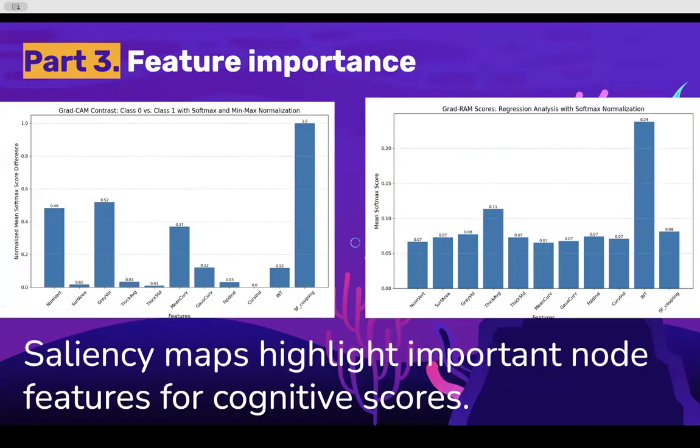And finally, they analyze the feature importance for classification and regression of cognitive scores. And they found that you can find more and less important features using SHAP maps, this kind of thing. And in this case, they found that for some reason, from what I see, it seems like structural features, everything here except for the last two, are less important.